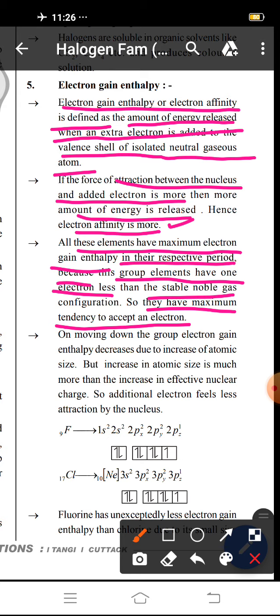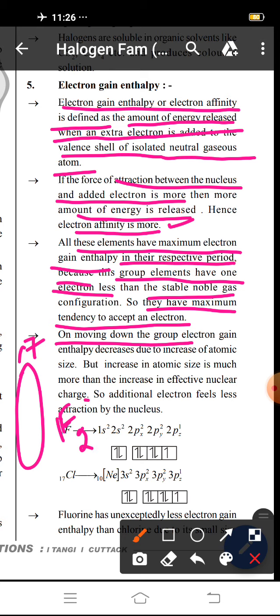But when we move down the group, that is if we consider only group 17, the electron gain enthalpy decreases due to increase of atomic size or decrease of force of attraction. So the expected order of electron affinity should be fluorine greater than chlorine, greater than bromine, greater than iodine.